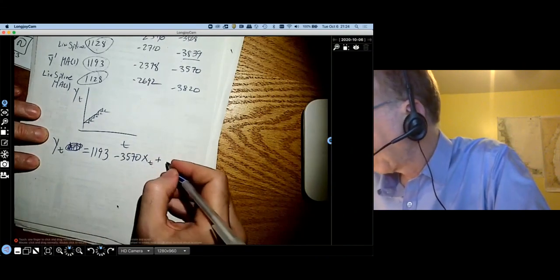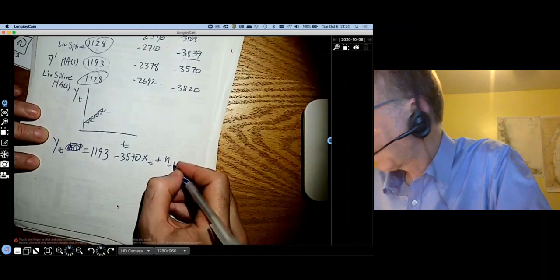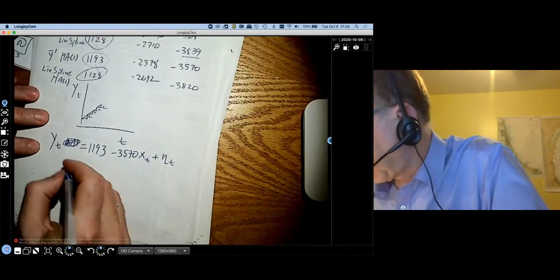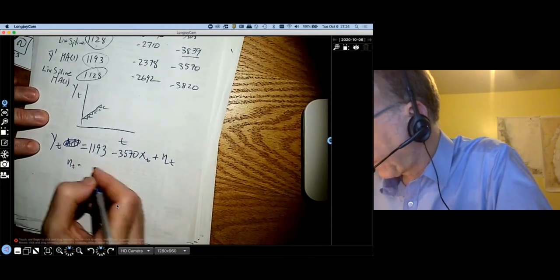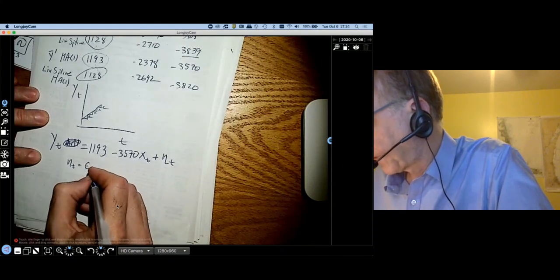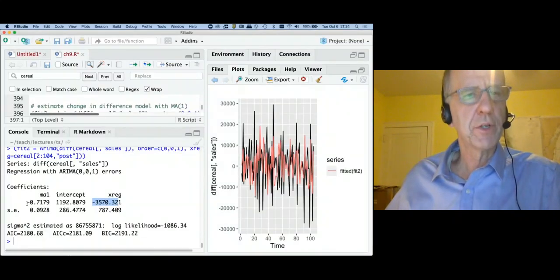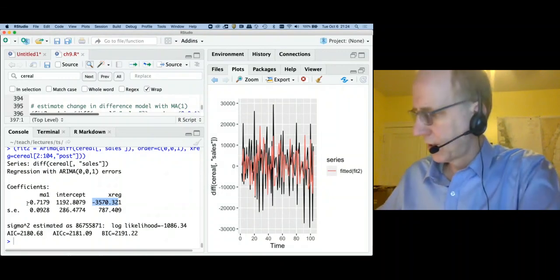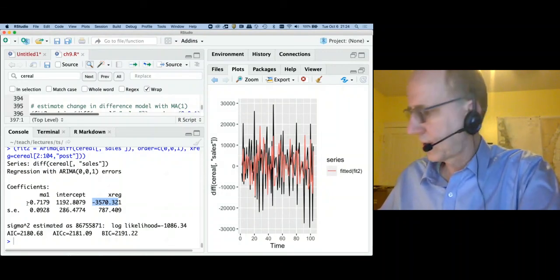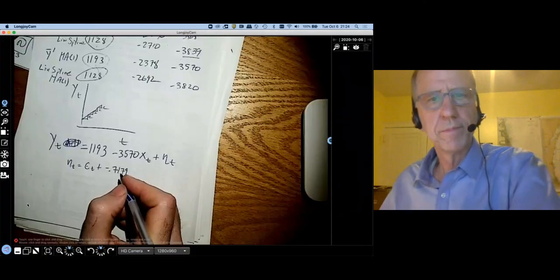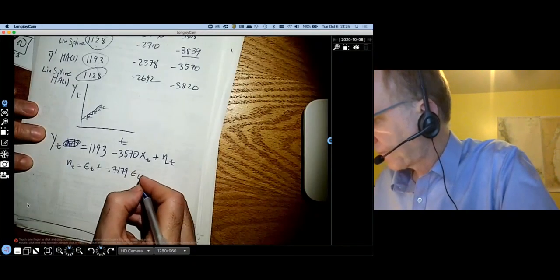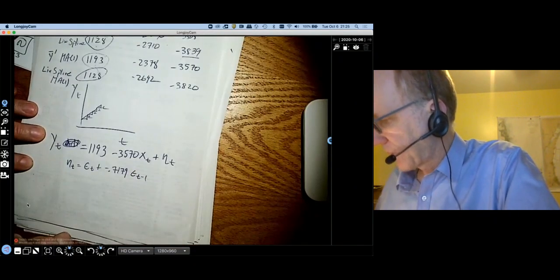And then remember, we have some eta errors, where these eta errors equal epsilon_t plus our moving average term, so minus 0.7179 times epsilon_{t-1}.